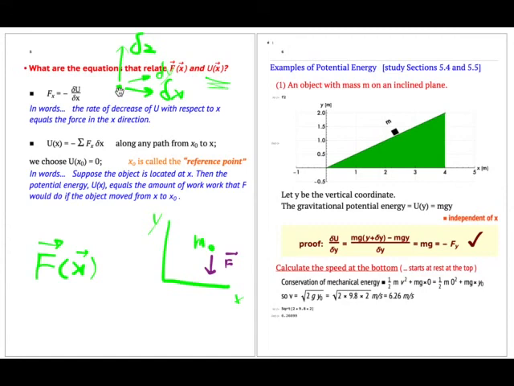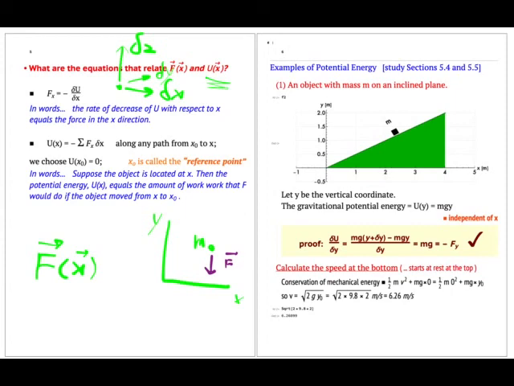If I'm at this position and I take a step in the x direction or the y direction or the z direction, there'll be a change in u. And the change in u divided by the displacement times minus 1 is the force that's acting on the particle when it's at this position.